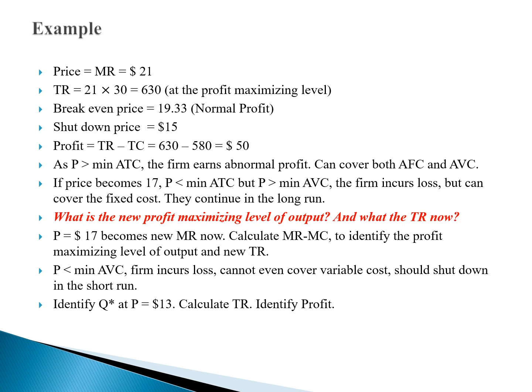Now if price is below minimum ATC, the firm incurs loss. We have already seen in our previous lecture that if price is below minimum AVC, the firm cannot even cover the variable cost and should shut down in the short run.